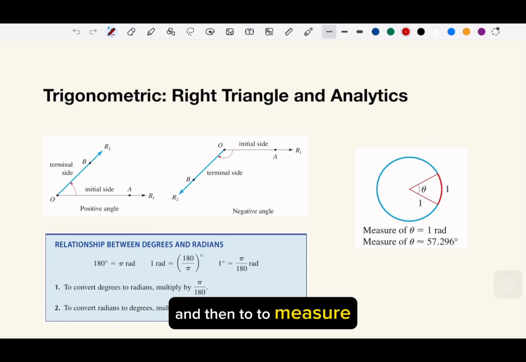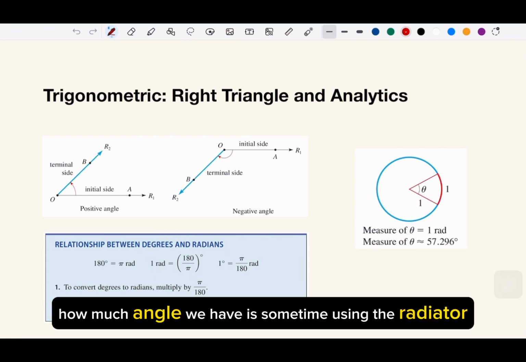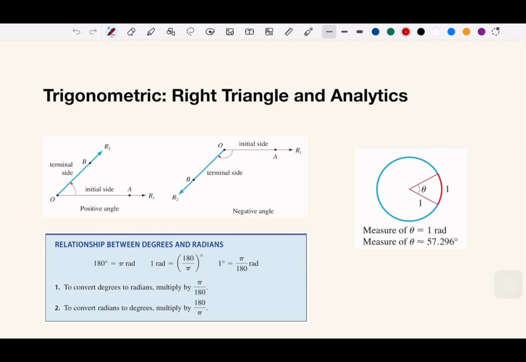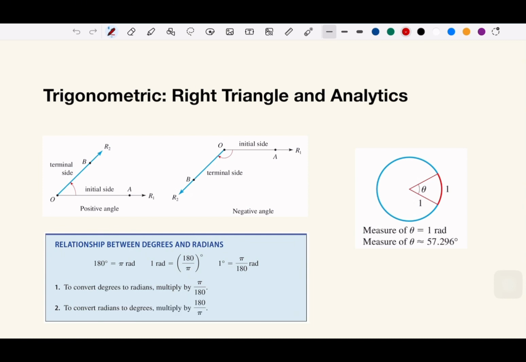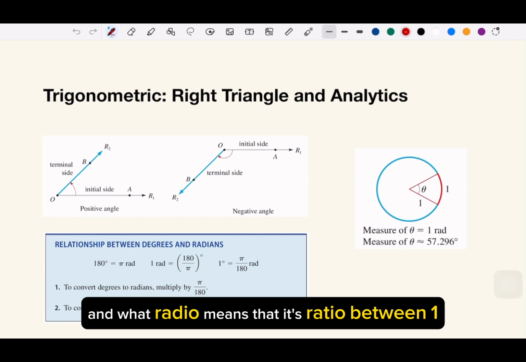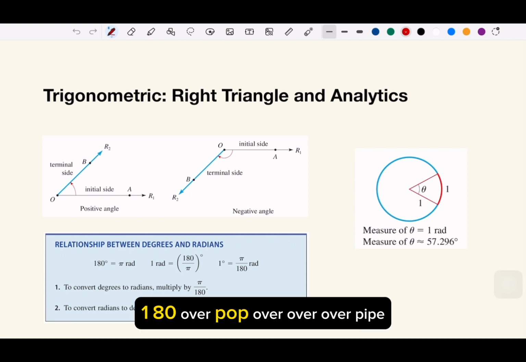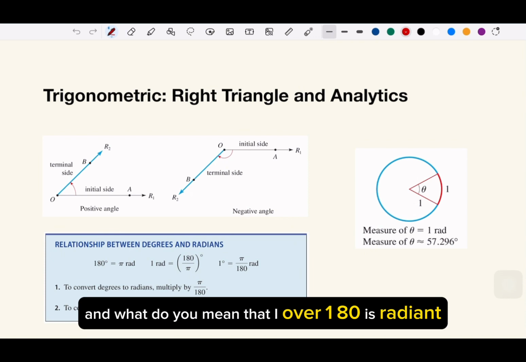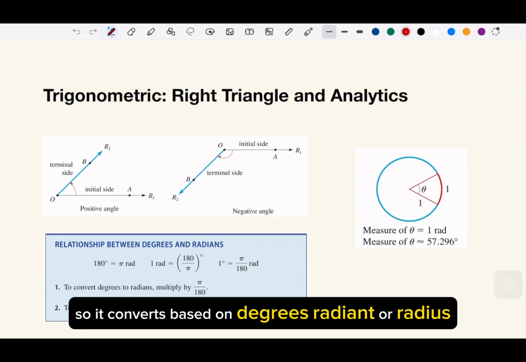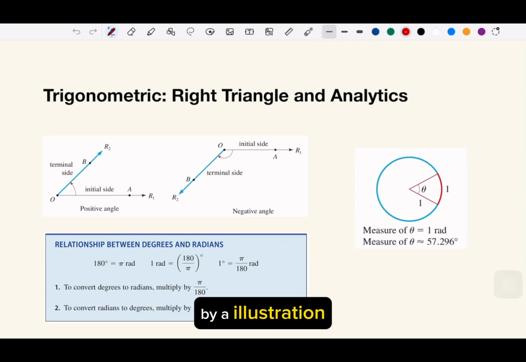And then to measure how much angle we have, sometimes we use the radian. So a radian is, by definition, 180 degrees means pi radians. And 1 radian means the ratio of 180 over pi in degrees, and 1 degree means pi over 180 radians. Okay. So we can convert from degrees to radians or radians to degrees by taking this ratio.